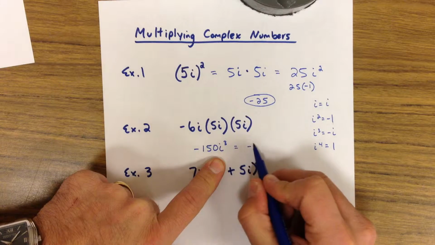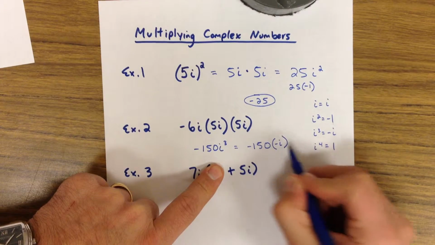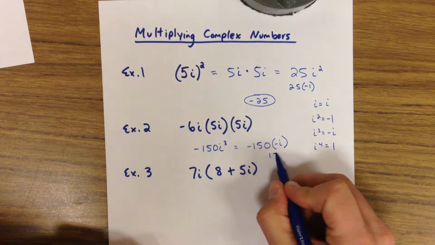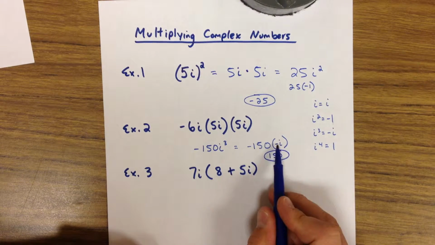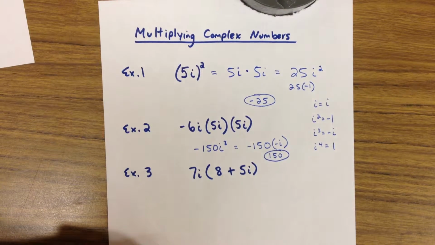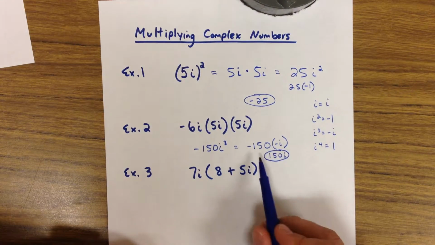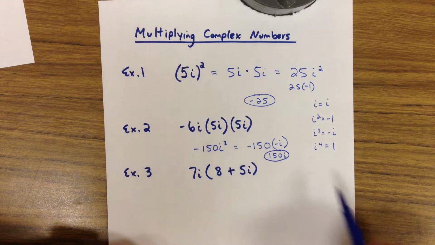So I can rewrite this as negative 150 times negative i. A negative times a negative turns out positive. Sorry, I forgot my i. So negative 150 times negative i is 150i.